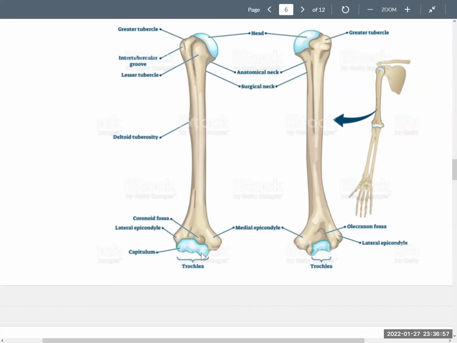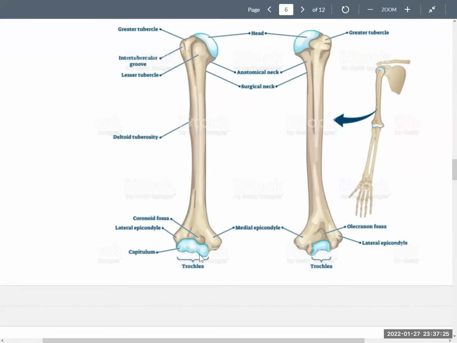This coloring here is primarily so that you're brought into focus on something. It really does not exist, the coloring. I want you to find a ball in our diagram. That ball is called the capitulum. Capit means head.